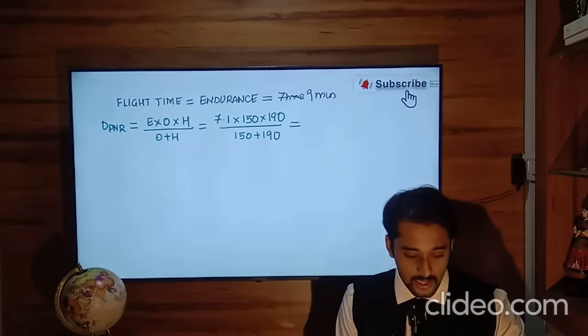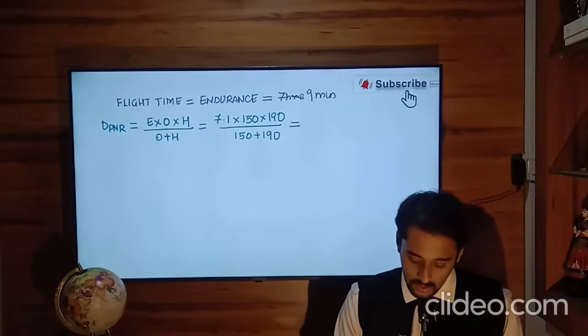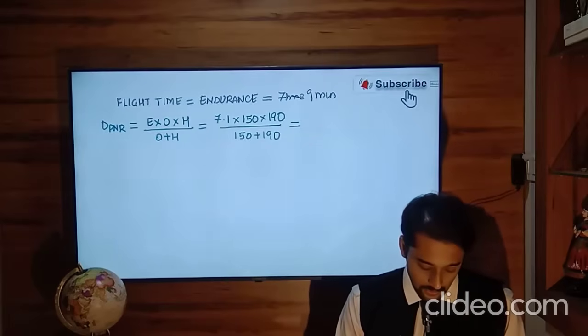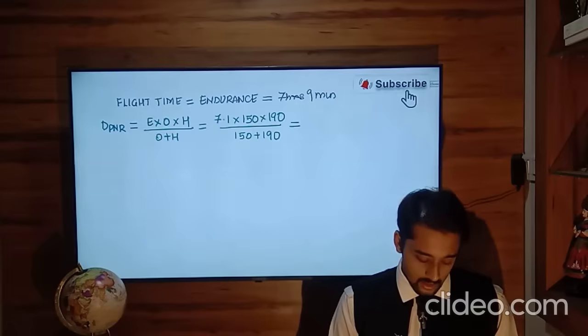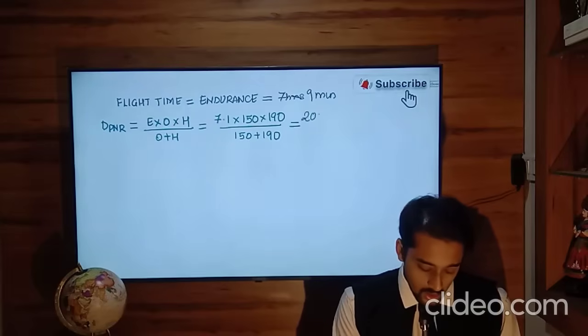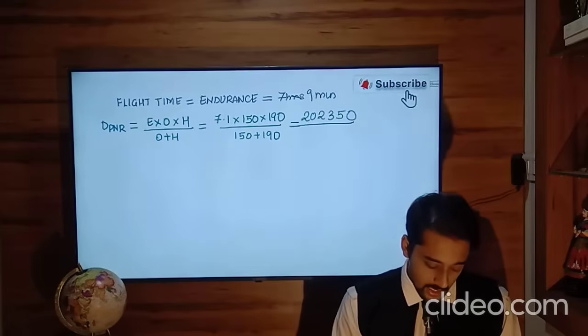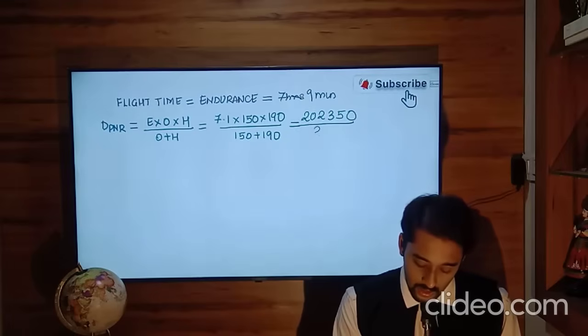So 7.1 into 150 into 190 is equal to 202350, divided by 150 plus 190, which is equal to 340.